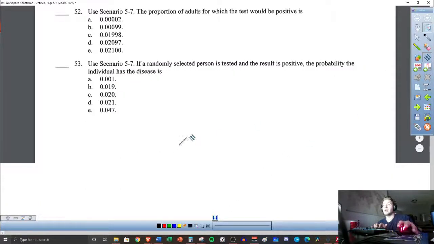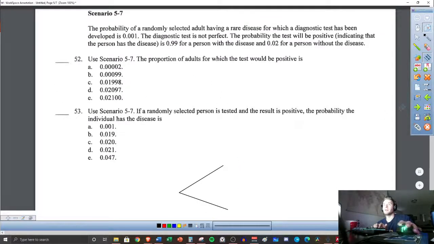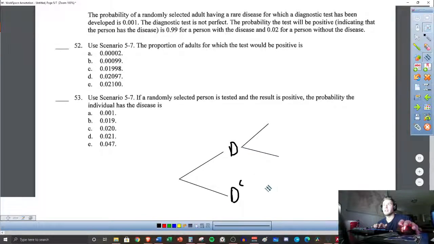So let's go ahead and we can do this in our notes, or whatever sheet you're doing your problem set on. First off, somebody's either going to have the disease or they're not going to have the disease. So we say disease or not the disease. Next, they're going to take this diagnostic test, and they said the test is not perfect. If you think about COVID-19 tests, you've heard this idea of a false positive.